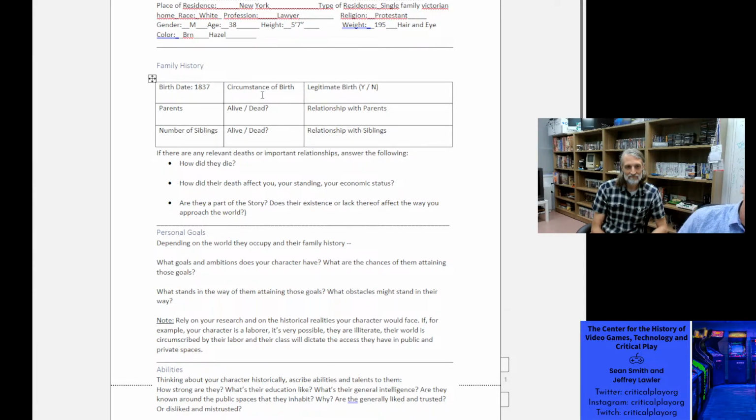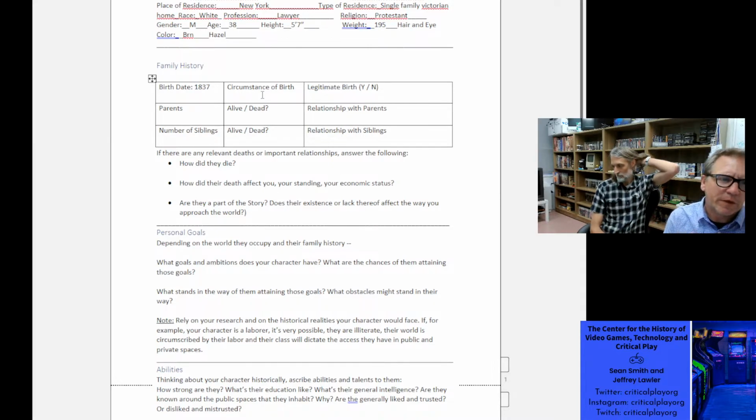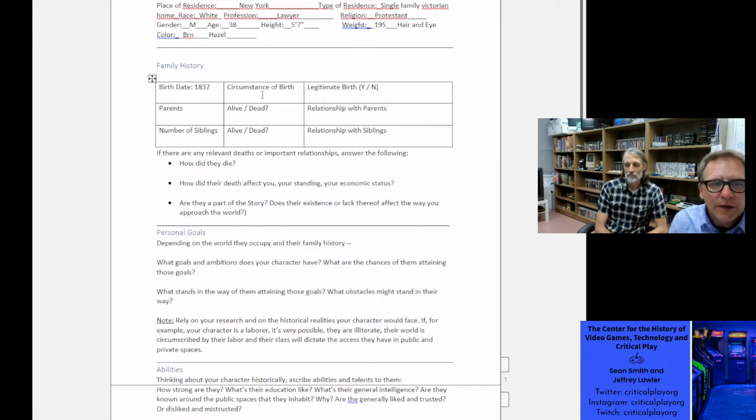So now they have to reimagine a world that he grew up in. They have to take this character a little bit back in time and think about, and this would be particularly interesting in this instance, going back to the latter half of the early republic, the beginning of the market economy, as the circumstance of his birth.